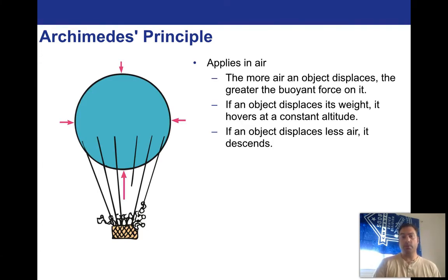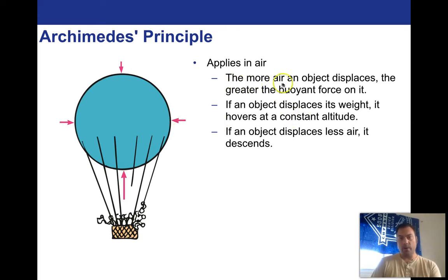Archimedes' principle, of course, also applies in air. I'm not going to spend a whole lot of time talking about the air part of it because we'll be coming to that later on in the next lecture. But just really quickly, here we've got different pressures. Here's a higher pressure down below, a lower pressure up above. This is on a balloon. And then, of course, the two side pressures are basically just maintaining the shape because they cancel each other out.